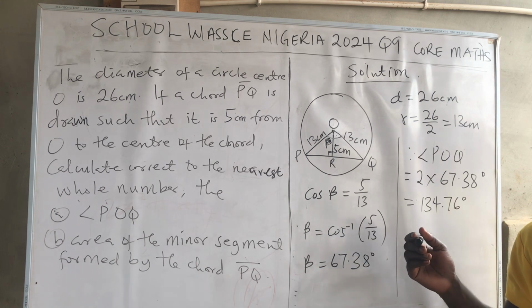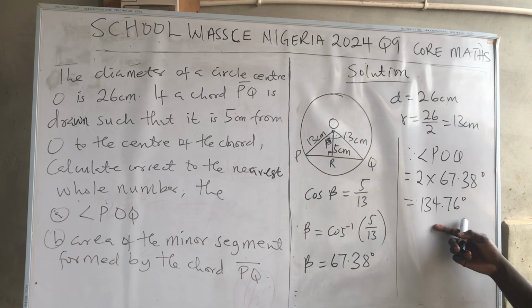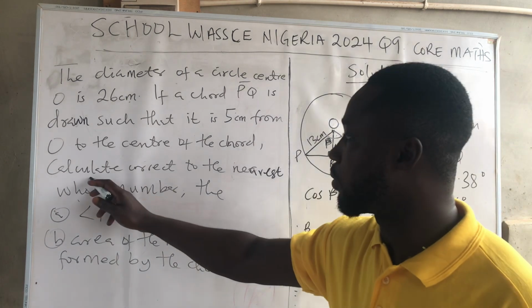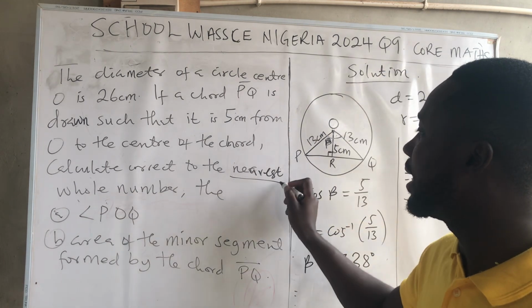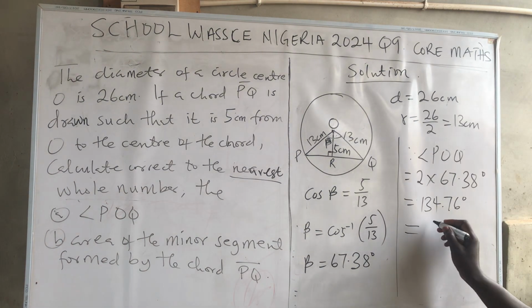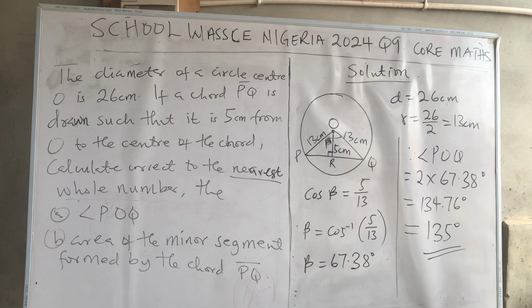So our angle POQ is 134.76 degrees. But the question asks us to calculate correct to the nearest whole number, so to the nearest whole number we get 135 degrees.